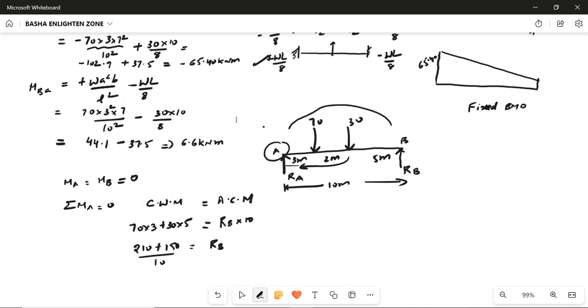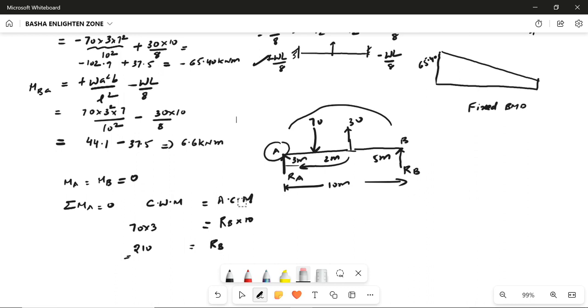Sorry, here the load is acting upward. I was taking it as a downward load, so please take down that this is the upward load. If you take it as an upward load, it comes as an anti-clockwise moment. Just a small correction here.